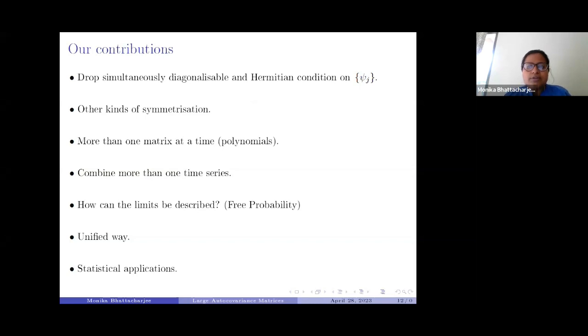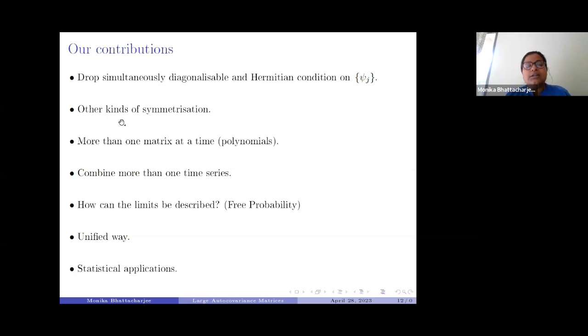Now, we'll see what kind of thing we can deal with. First, we can drop the simultaneous diagonalizability assumption, which we already showed in the figure, but technically we can also drop these assumptions, and we do not need the Xi_j to be Hermitian or symmetric. It can be any non-symmetric matrix as well.